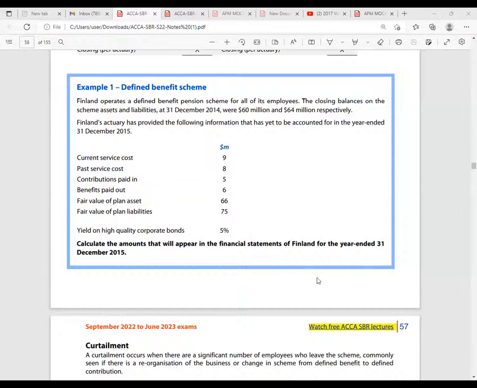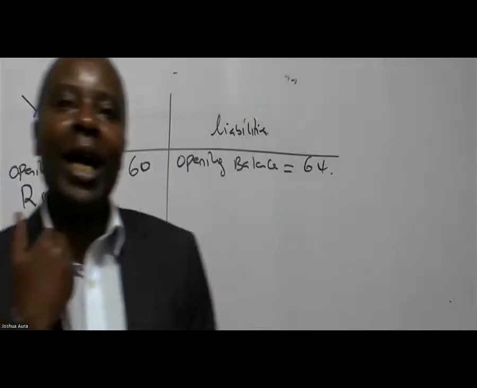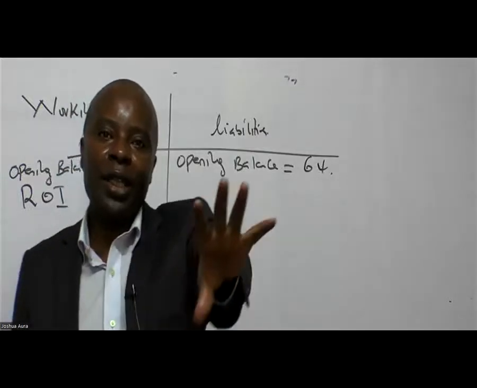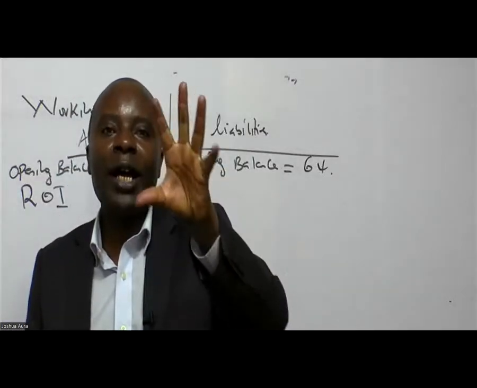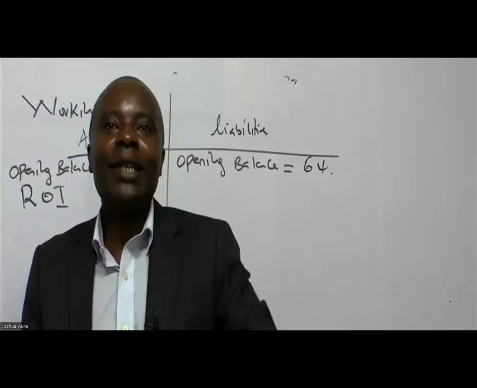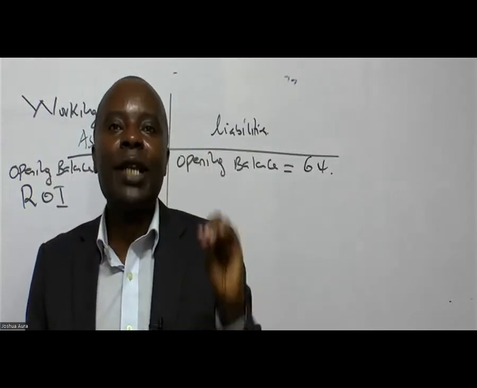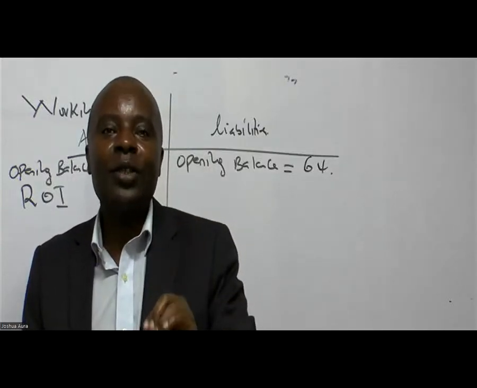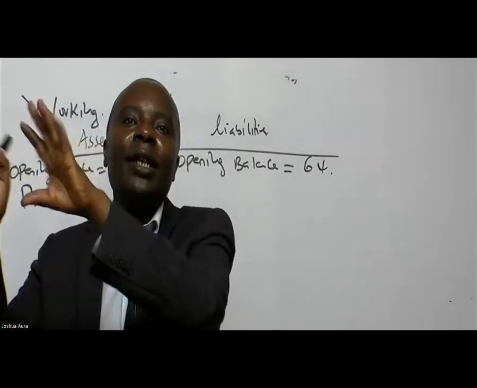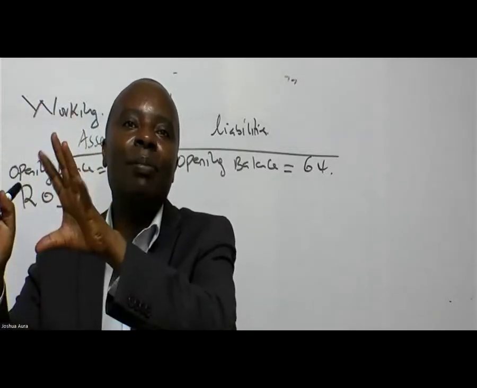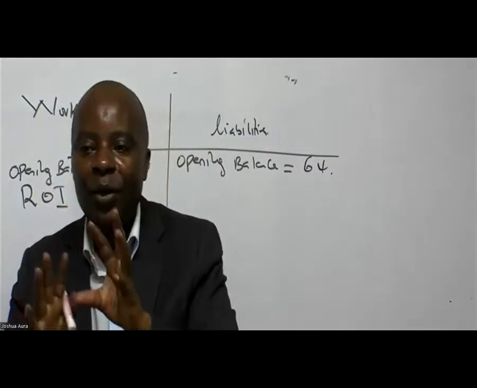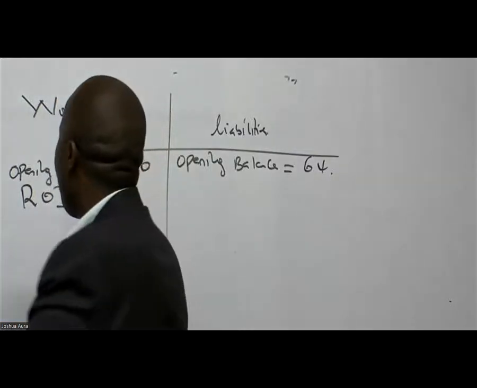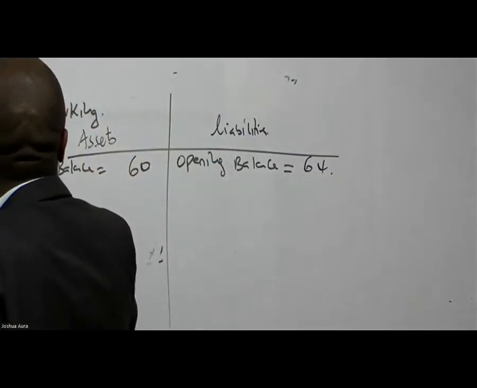So I expect in this case, ladies and gentlemen, that the assets which I invest outside will earn me an interest that I'll call return on investment, just like what those high yielding bonds are providing. So the return on investment will be 5%, 5% of 60.